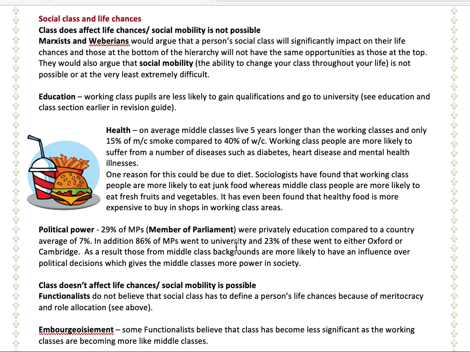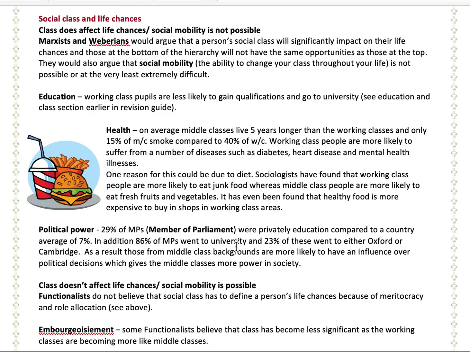So social class and life chances. Obviously you can use the theoretical points here: Marxism, Weberianism, functionalism, social mobility, etc. And then the three main areas. Education: working class pupils are less likely to go to university and gain qualifications.